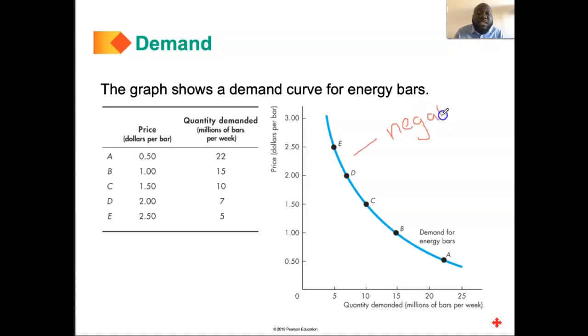So it's negatively sloped, or it's downward sloping.